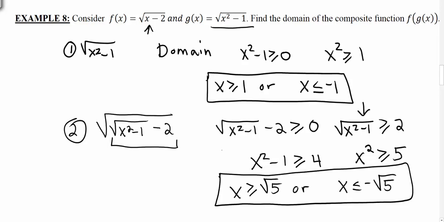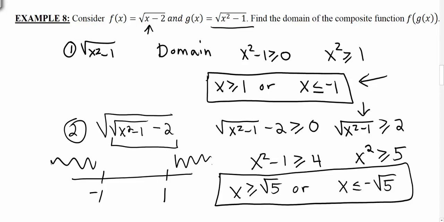Now, when I talk about the number line, sometimes it's a good idea to graph it out on a number line if you're not sure where things fall. So for example, if I take my original domain, that says that x has to be less than negative 1 or greater than 1.